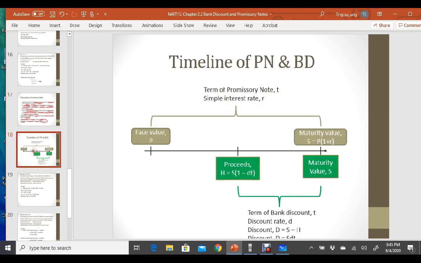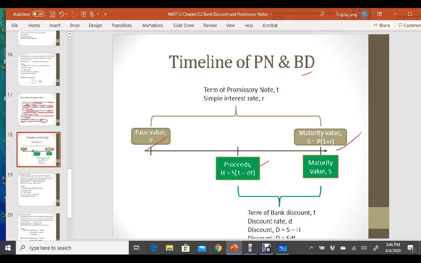Okay, let's go to the timeline of the promissory note and the bank discount. As I mentioned earlier, P is the face value, S is the maturity value, that is S = P(1 + RT).